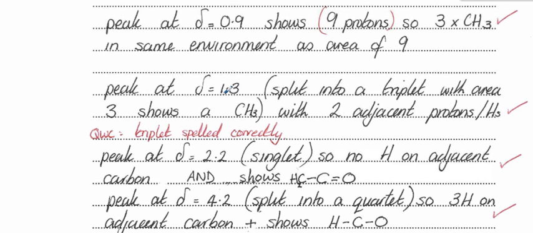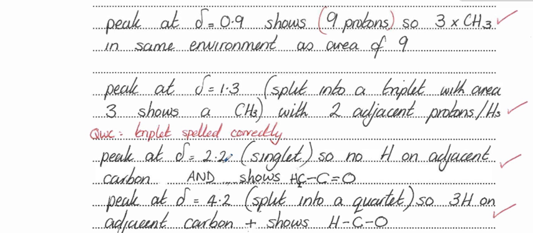Peak at delta 1.3, and we can say that it's split into a triplet with an area of 3. So that shows it's a CH3 with 2 adjacent protons, or 2 adjacent hydrogens. Notice you've got a QWC there for the spelling of triplet.